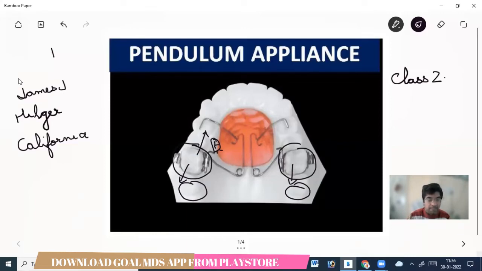So what will you see? As we know, the pendulum appliance will cause distalization of the molar.